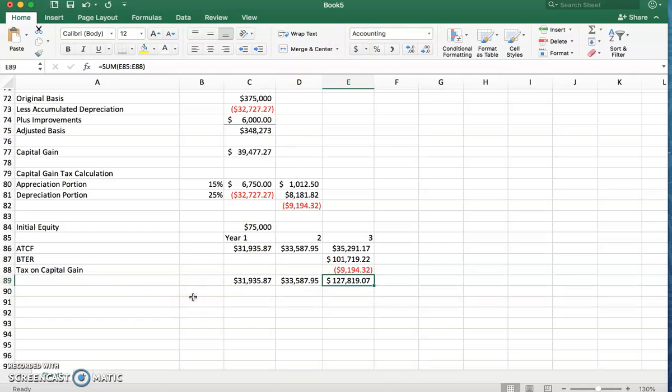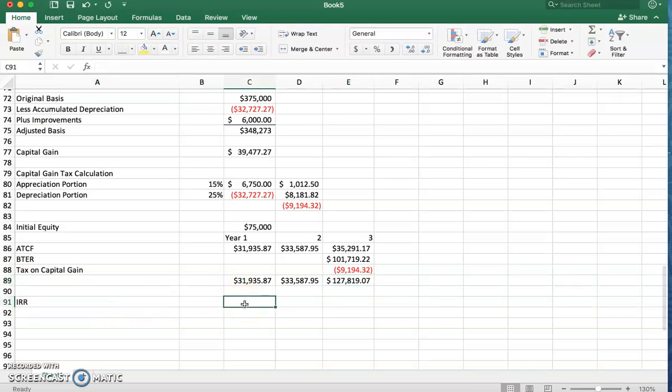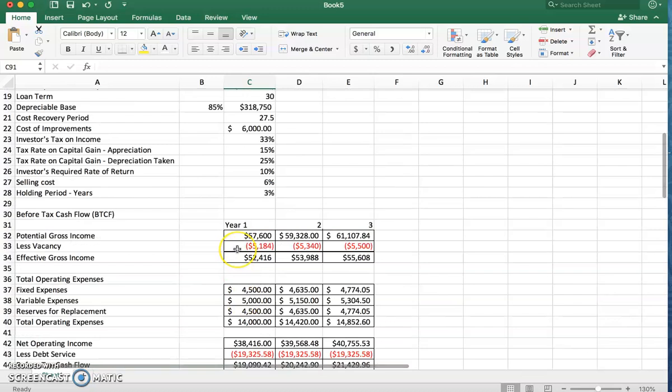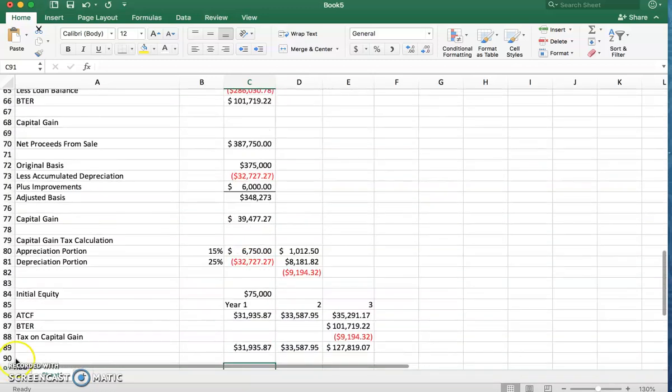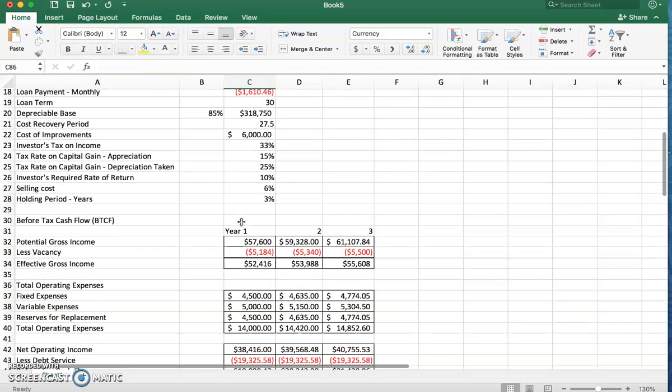Next what we're going to have to do is the IRR. So we're going to want to do an IRR calculation, and we have to compare that. One thing I did forget to add was the improvements that we made on the property, because that will benefit us.